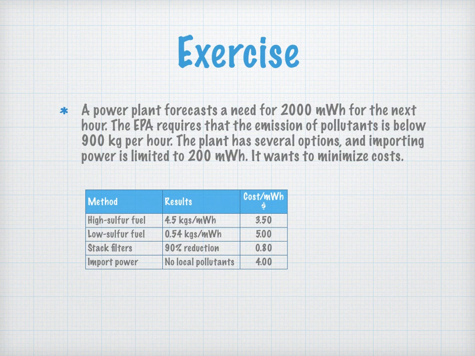Obviously, it wants to minimize its cost while meeting the requirement for generating electricity. It can burn high or low sulfur fuel with or without stack filters, or it can import power. In each case, there are certain pollutants produced and a cost per megawatt hour for that particular source of energy.